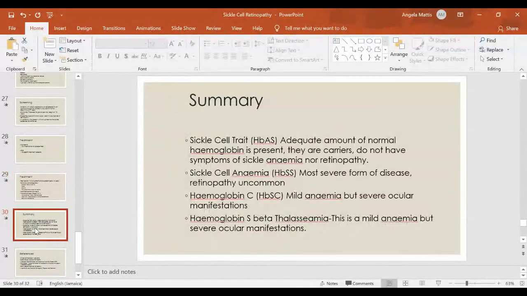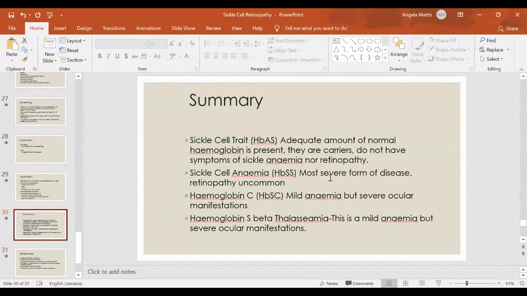Now, that's what we do. So in summary, I made a very short summary because I didn't go into everything. I just wanted to remind you that our sickle cell trait patients, essentially normal, tend not to have any retinopathy at all, and they have signs of decompensation only in very stressful circumstances.